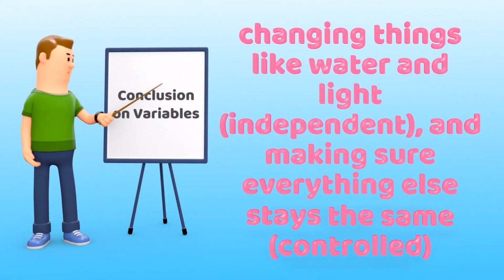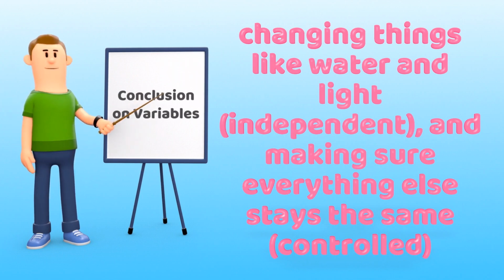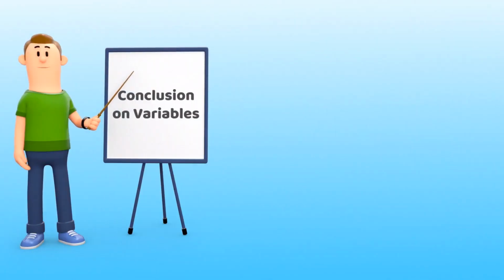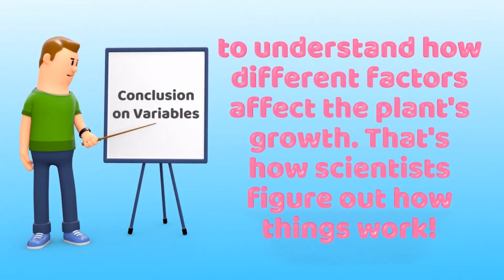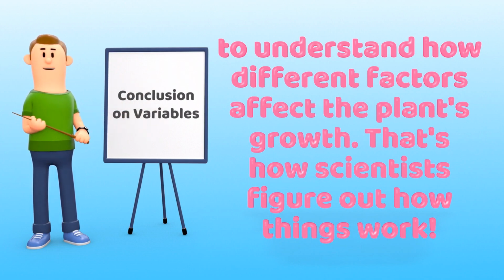While changing things like water and light represents the independent variable, and making sure everything else is constant, that is the controlled variable. This will help us to understand how different factors affect the plant's growth. That is how scientists figure out how things work.